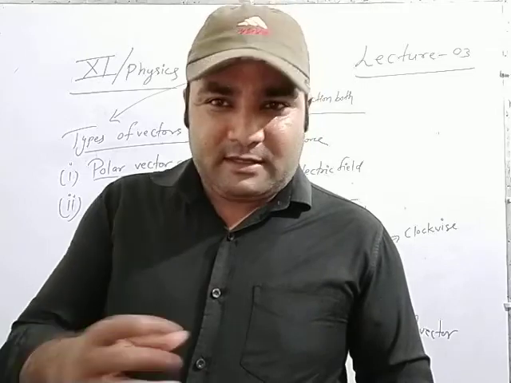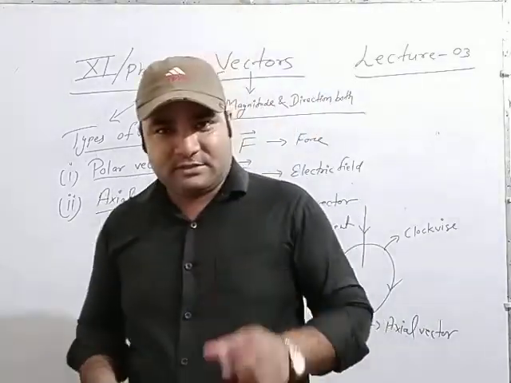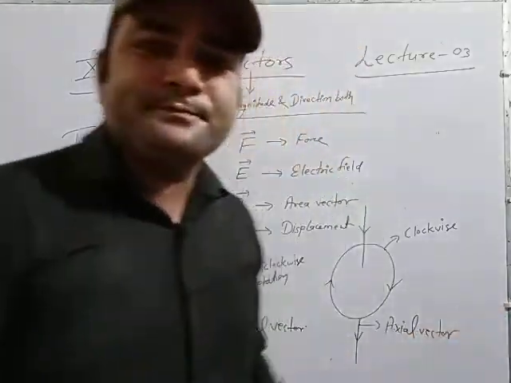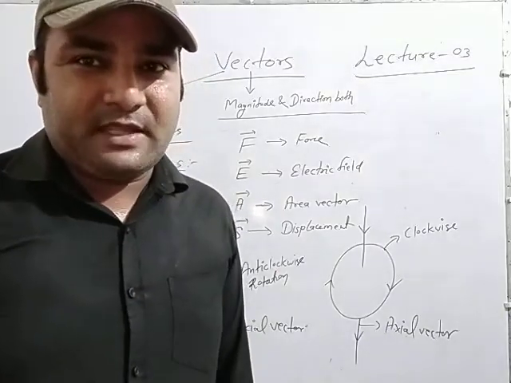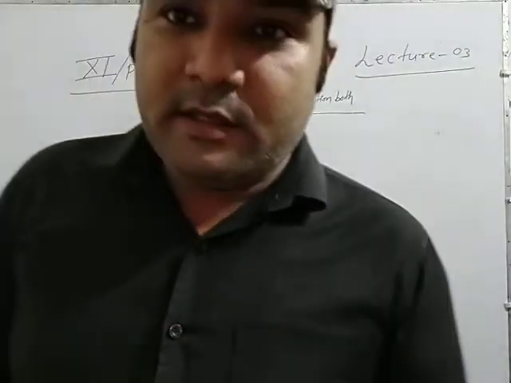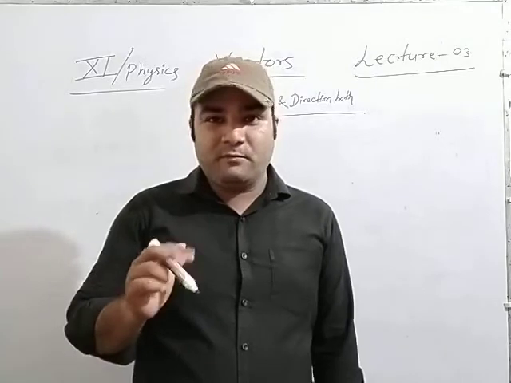So a lot of concepts about vectors are given in your book, and you just read them one time. If any confusion, then you can ask. And then after this, the very important concept, addition of vectors. I will explain. Just note down this first of all. In addition of vectors, the concept that is very important, only two.